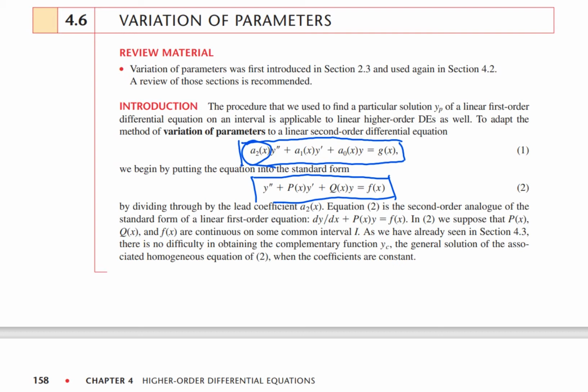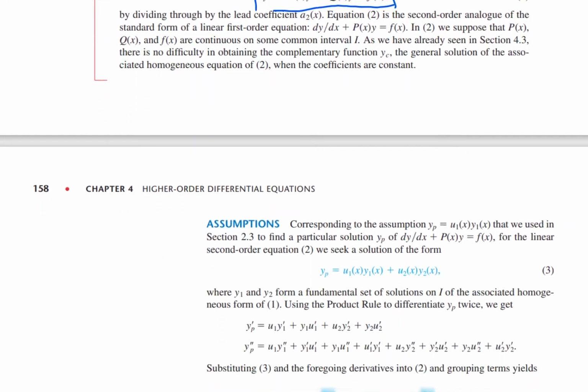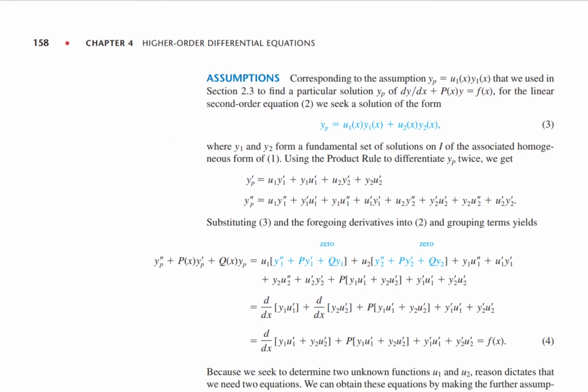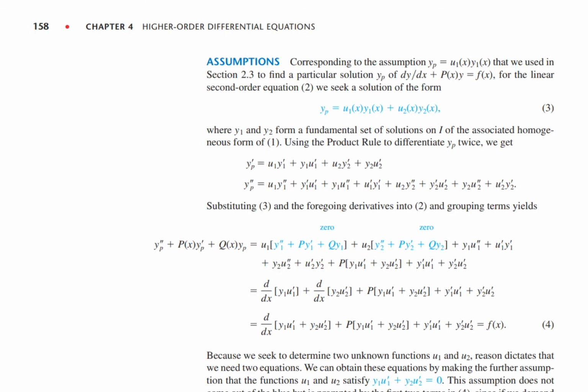Now, what do we do? Well, we know that the homogeneous solution, or the complementary solution, looks like c1 y1 of x plus c2 y2 of x. And now we're trying to find yp. So let's suppose that we've already solved the homogeneous problem and found y1 and y2, and they form a fundamental solution set for the homogeneous equation.